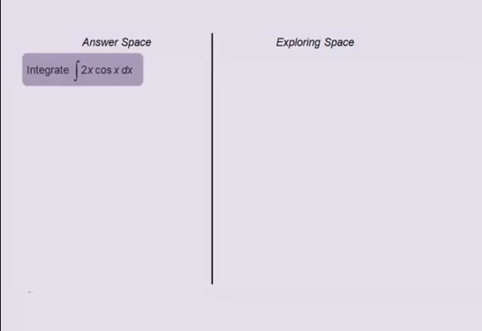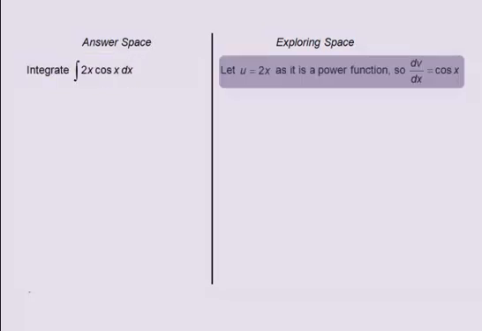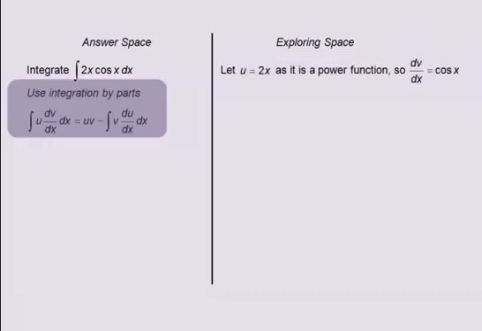The question is to integrate 2x cos x with respect to x. Let u equal 2x as it is a power function, so dv by dx equals cos x. Use integration by parts. The integral of u multiplied by dv by dx with respect to x equals u times v minus the integral of v multiplied by du by dx with respect to x.